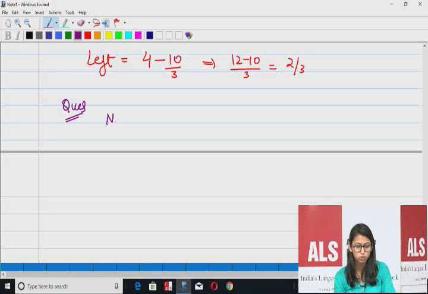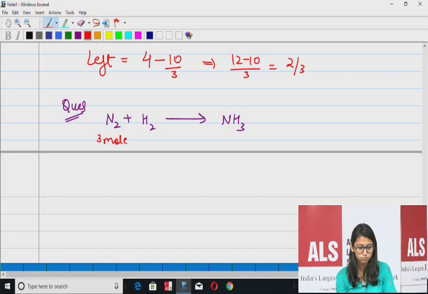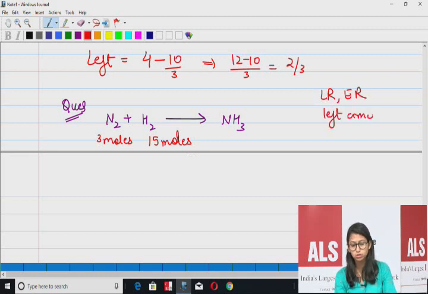And this is the most common example of ammonia, they will ask you. So I'm making it here, and these three things you have to find out. So just write it down, everyone. So you will be finding in every question the LR, you have to find the ER, you have to find the left amount of whatever will be the LR, and you will be finding the moles of NH3, right?